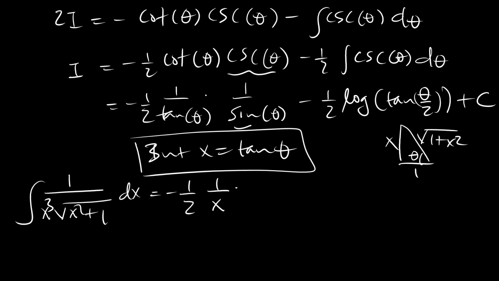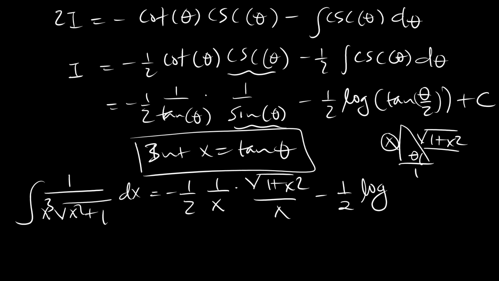Sine theta here is the same as this over this, but inverse, so we get 1 plus x squared over x minus half log of, so we're going to have to invoke a half angle situation here. So what is tangent theta over 2?